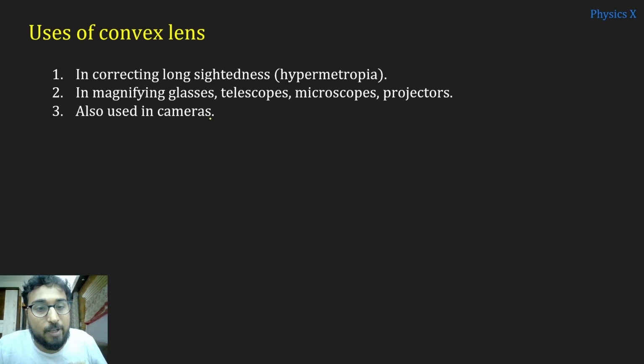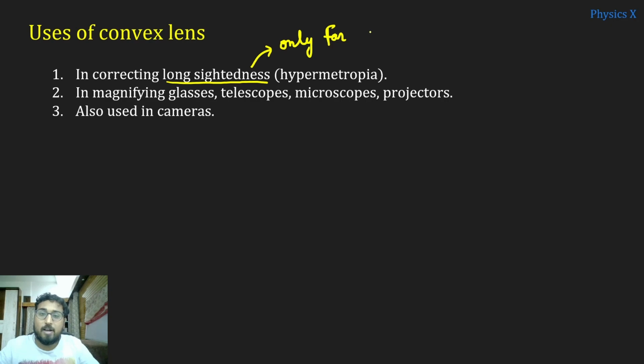So in magnifying glasses, telescopes, microscopes, projectors, and in cameras also, that lens is nothing but your convex lens that we are using. And the first point, you can see, it is used for correcting long sightedness. So long sightedness means what? One who can see only far distances. Okay, long sightedness means only far distances, right?